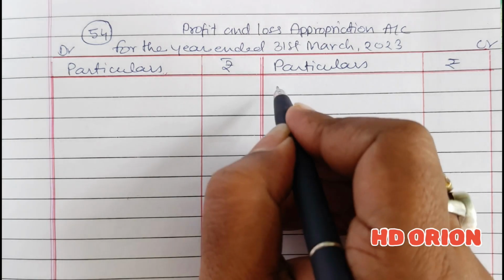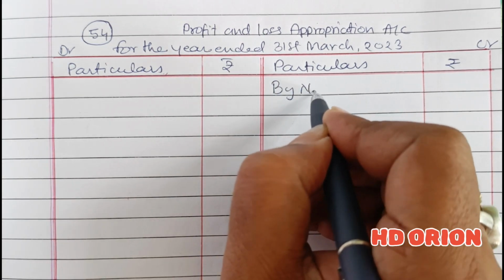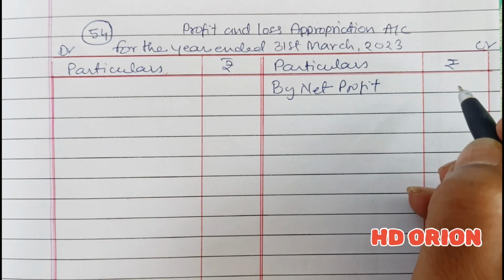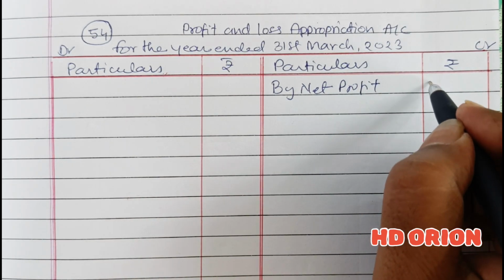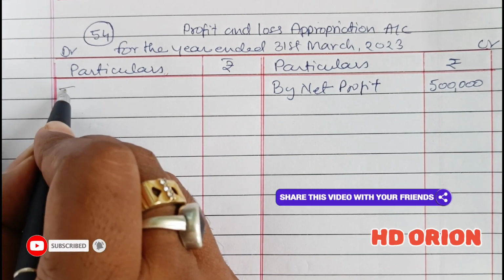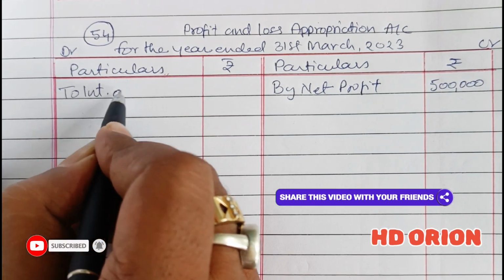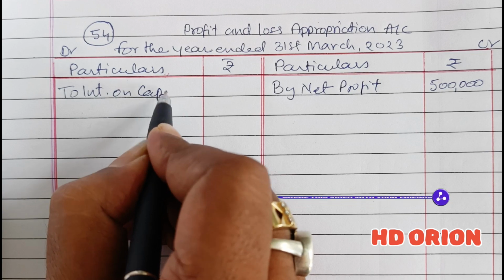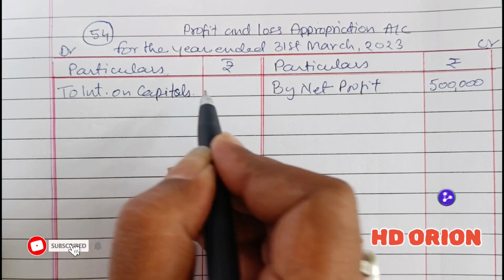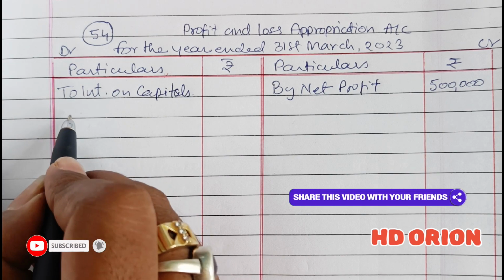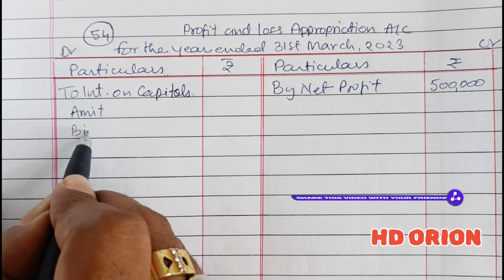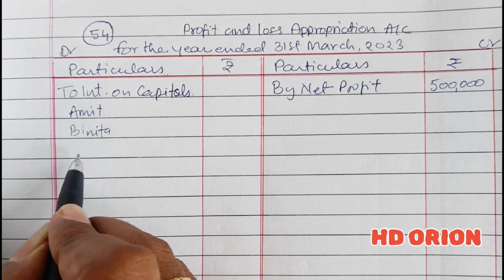So solution 54, by net profit as given in the question. The amount of net profit is rupees 5 lakh, and out of this profit, in the form of interest on capitals, we have to provide for three partners: Amit, Binita and Charu.